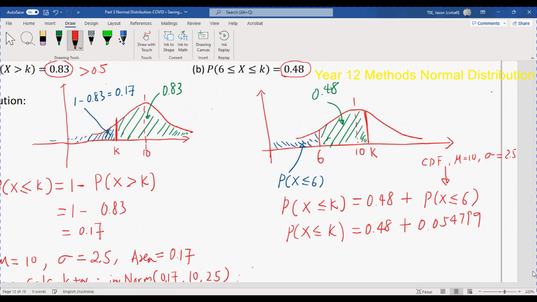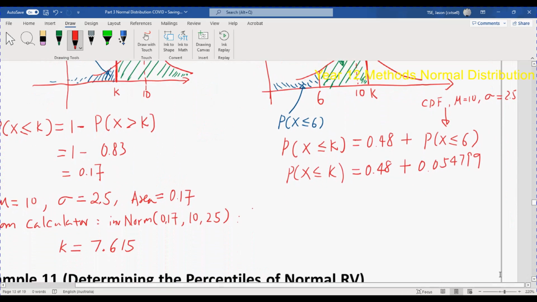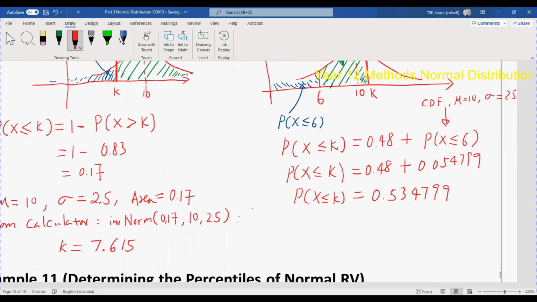Okay. Then can we use the calculator to add these two values together? All right, then you will get 0.534799.